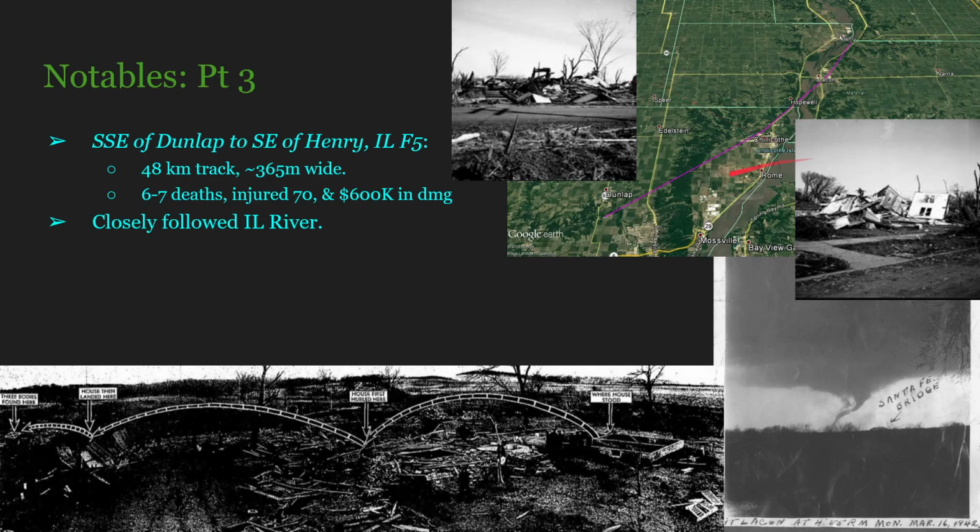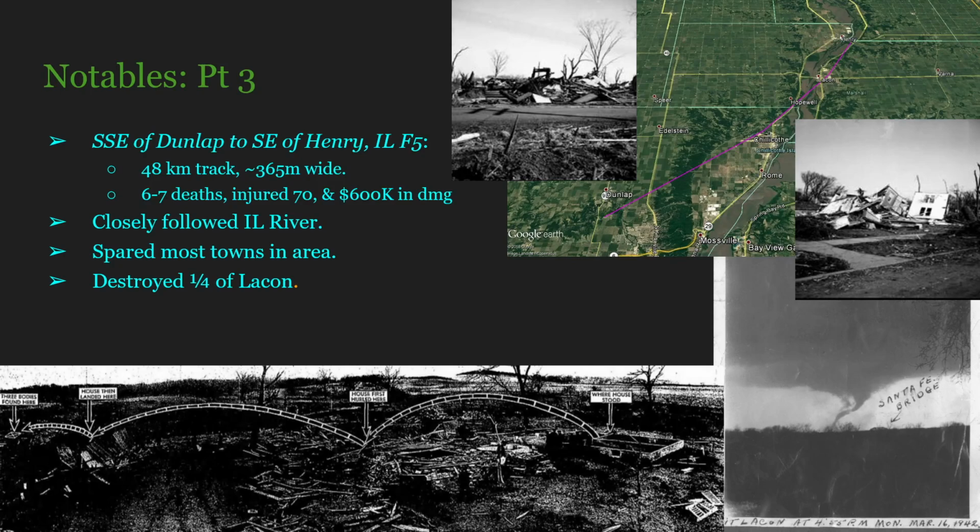This tornado, as you can see, this is the pink line, the guesstimated tornado path, did pretty closely follow the Illinois River, in fact, crossing it at one point. And very thankfully, this F5 would spare Dunlap, Chillicothe, Rome, Hopewell, and even Henry. However, it would be in Lacon that much of the damage occurred.